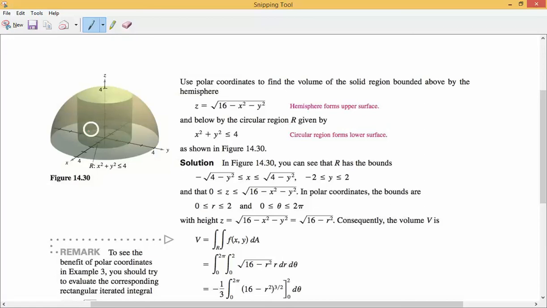So this right here in 2 dimensions, x squared plus y squared is less than or equal to 4, is that circular region down there. It has no z, so it would extend without bound both ways. But what we're trying to figure out is the volume that is created by bounding this hemisphere and putting this cylinder. Well, it's really a circle extended up infinitely.